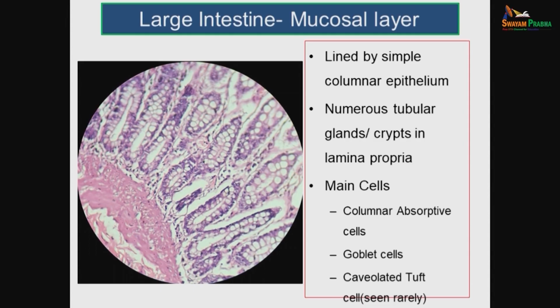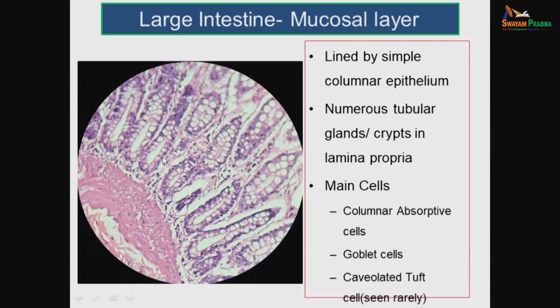So, what is needed? The mucin has to be secreted more in the distal parts of the large intestine compared to the proximal parts, because in the proximal parts more water will be there. Only as the undigested material is moving to the distal part, after the water is reabsorbed, it becomes more solid. So, the goblet cell ratio also keeps increasing as it moves.